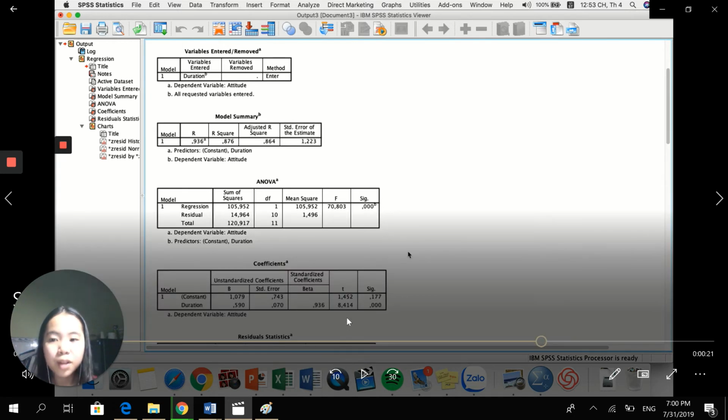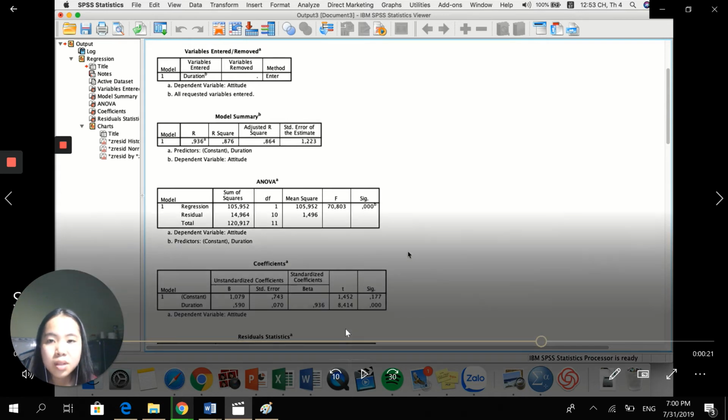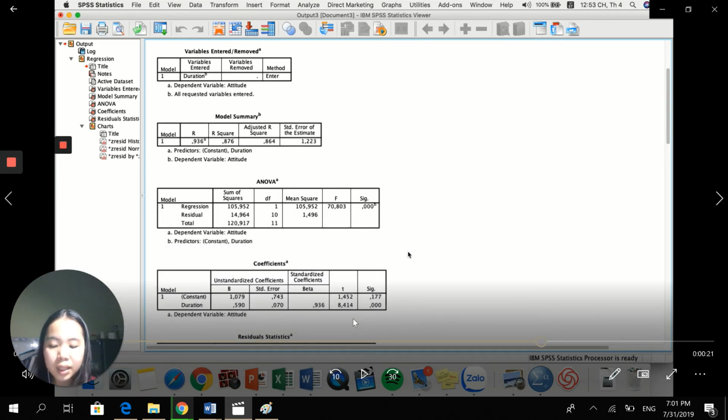So the null hypothesis is rejected, which means that there is a significant linear relationship between attitude toward the city and the duration of residence in the city.